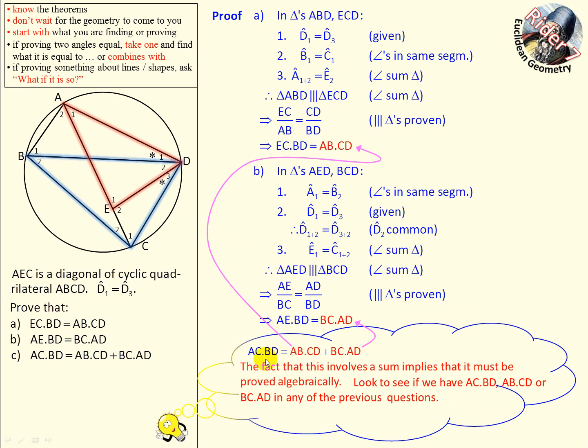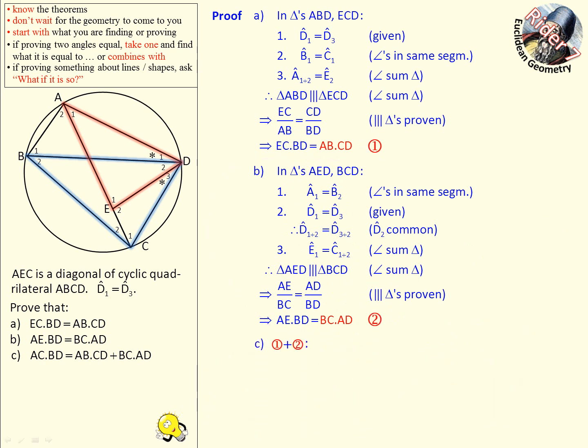If I look at ACBD, I haven't seen ACBD before. I look at ABCD and I say, oh yes, there it is there. I look at BCAD and I see, yes, there it is there. So what I'm going to do is I'm going to take these and add together equaling those. So let's try it. We're going to call that 1 and that 2. And we're going to add 1 and 2.